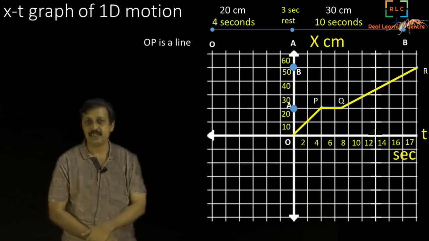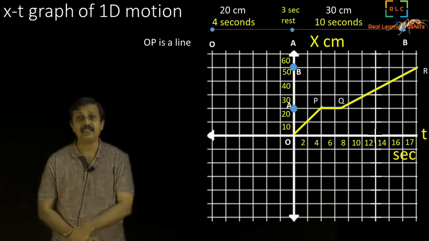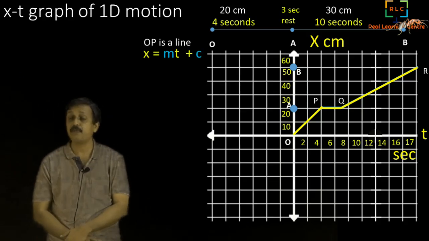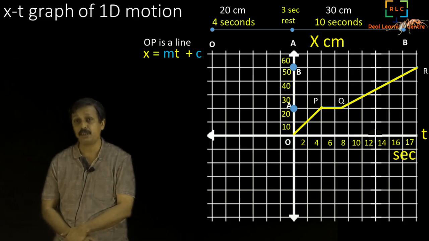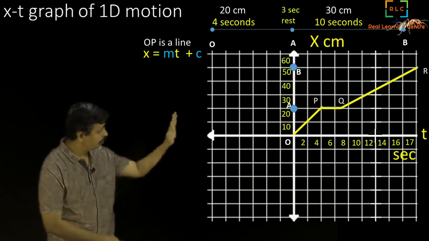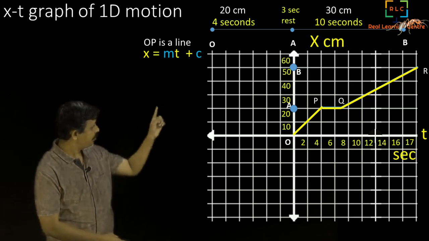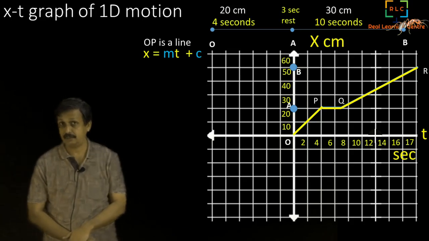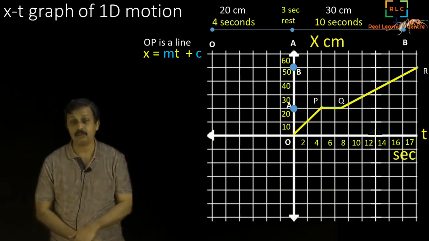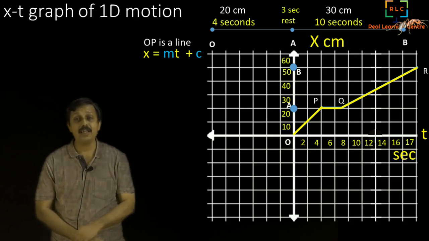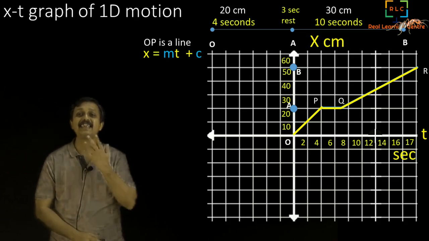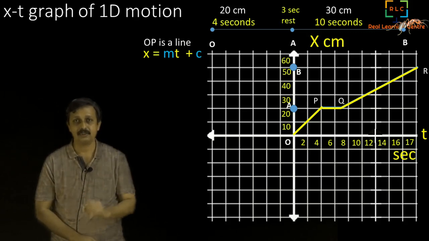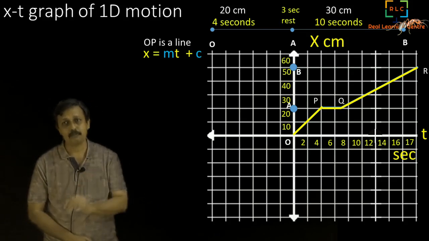Take OP as a line. I'm going to write an equation for this line. That equation is x is equal to mt plus c. Why am I writing this? In the last session we talked about lines: y is equal to mx plus c.